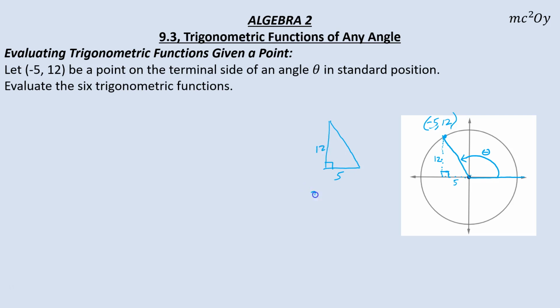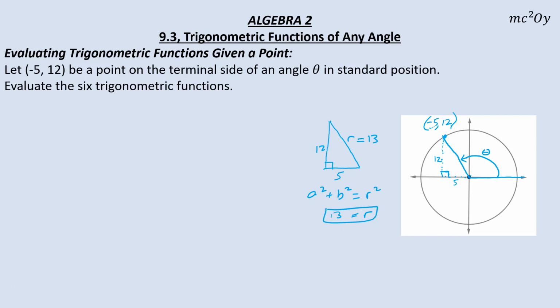Now I could use the Pythagorean theorem, a squared plus b squared equals r squared, since that's our radius. Or if you're really good with your Pythagorean triples, you know that this is equal to 13. But you can use the Pythagorean theorem to find that r is equal to 13 as well. I'm not going to show that because I know you can do that.